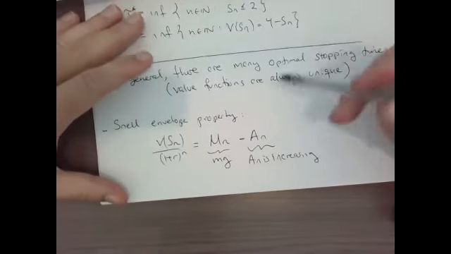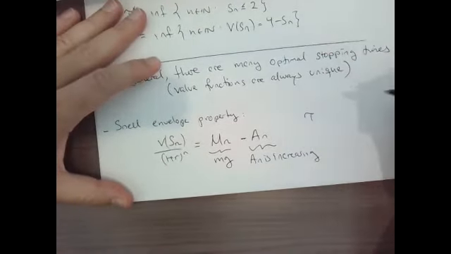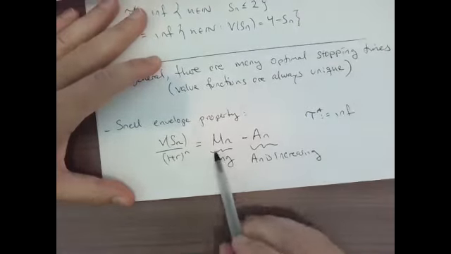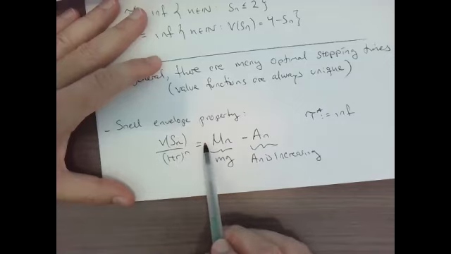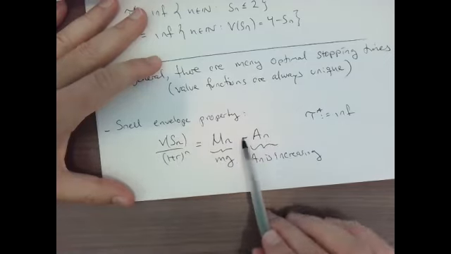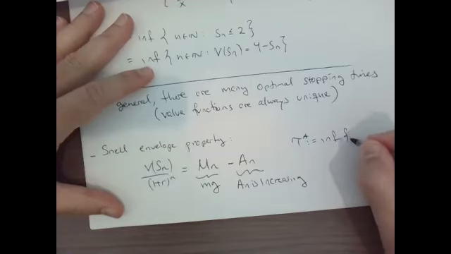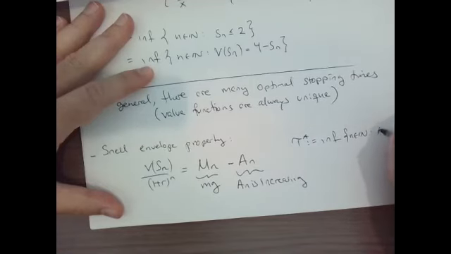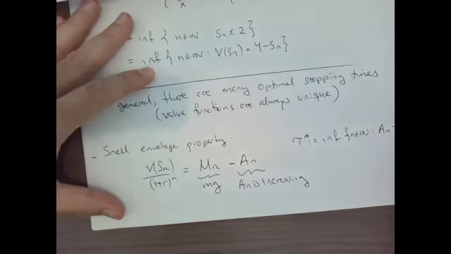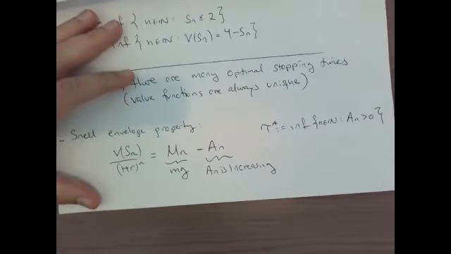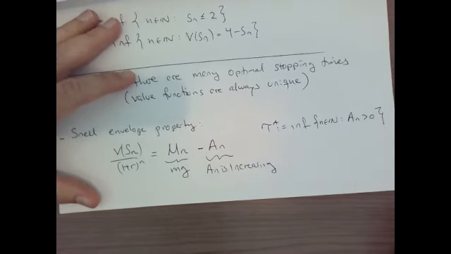So if we want to get the minimal property, we should look at tau star. This is the first time I want this stopped thing to be a martingale. I really don't want this increasing property to start coming into play. So tau star is just the first time that An becomes positive. So you stop as soon as An moves.